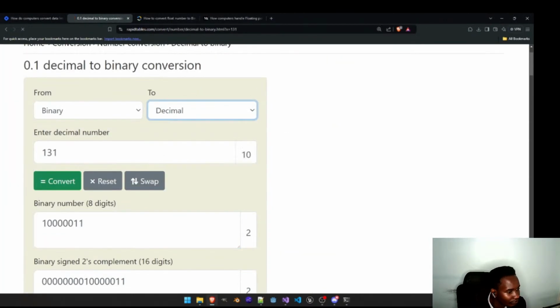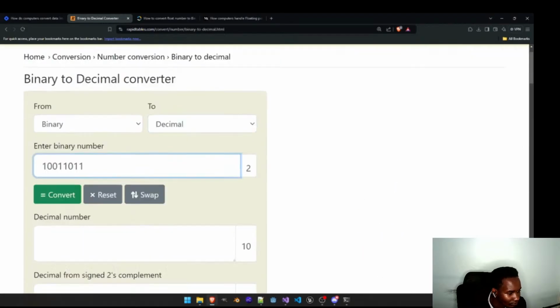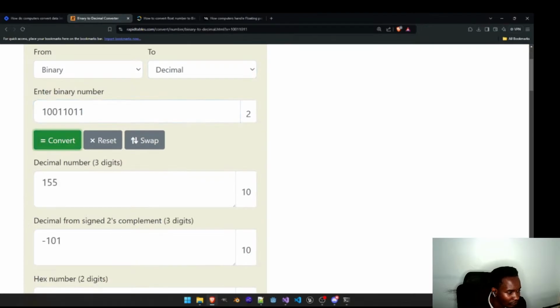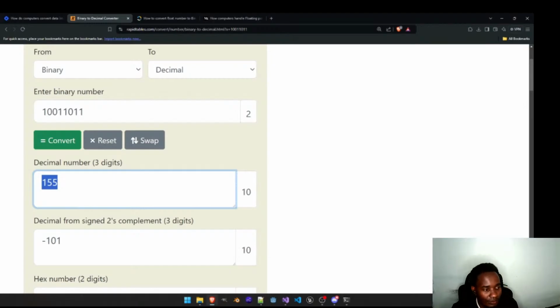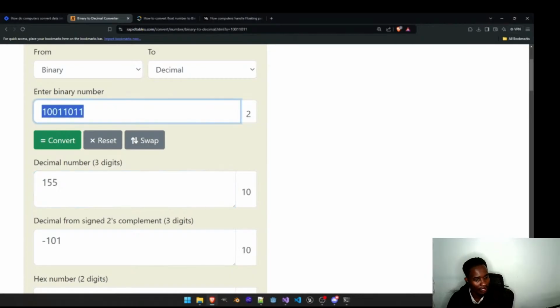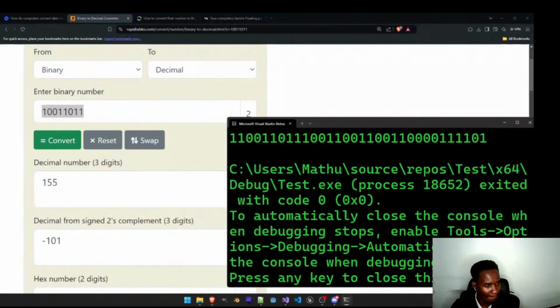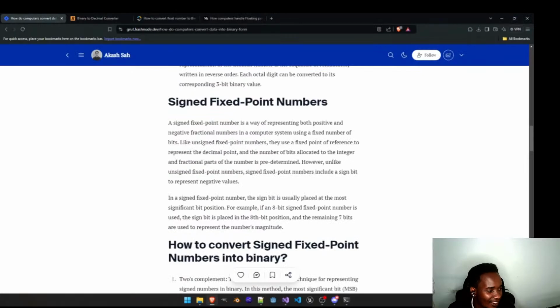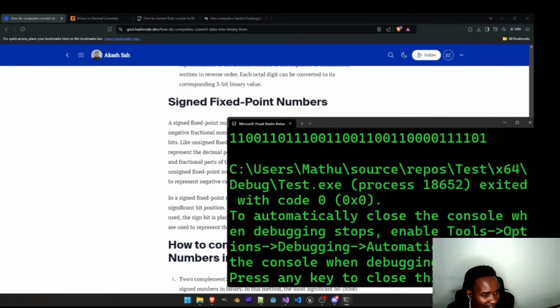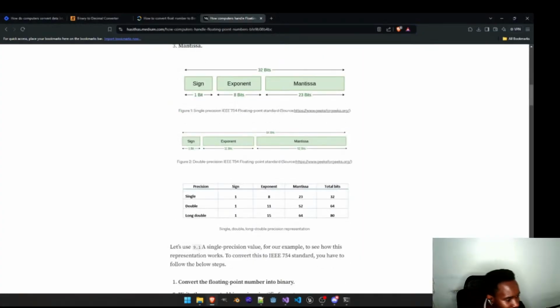From binary to decimal, let's take this and convert. 155. How did they get to 155? Yeah, that's a question, because now we're expecting it to be something else. Let's see if they can give an explanation.